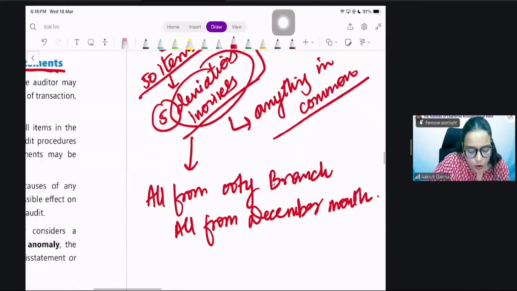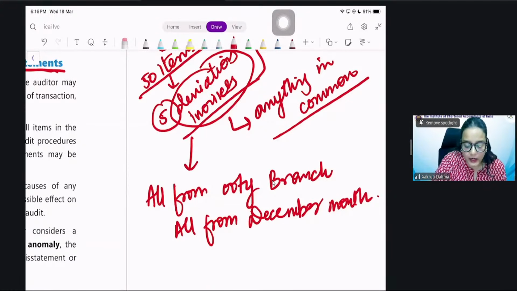So now you will think that all the 5 deviations out of the sample I selected, which was 50, were only from the Ooty branch, and that too all from the December month.